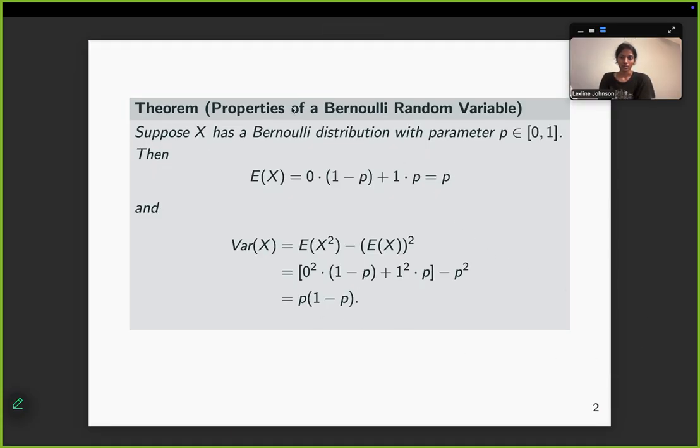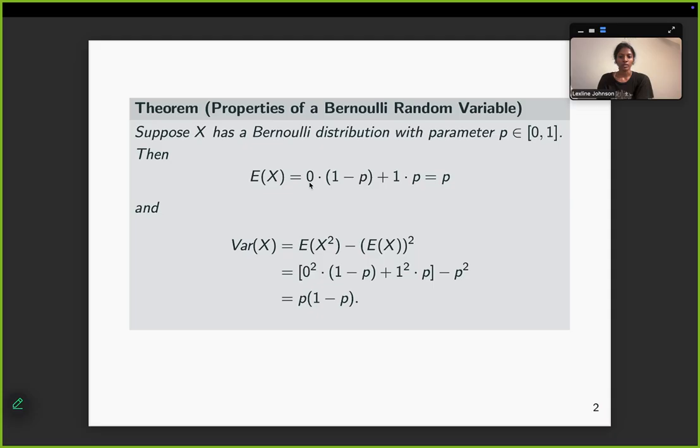So our theorem for properties of a Bernoulli random variable: if a Bernoulli distribution has parameter p between 0 and 1, then our expected value is equal to p, and we can solve that using this over here. Basically, the average, mean, expected value, all the same thing.